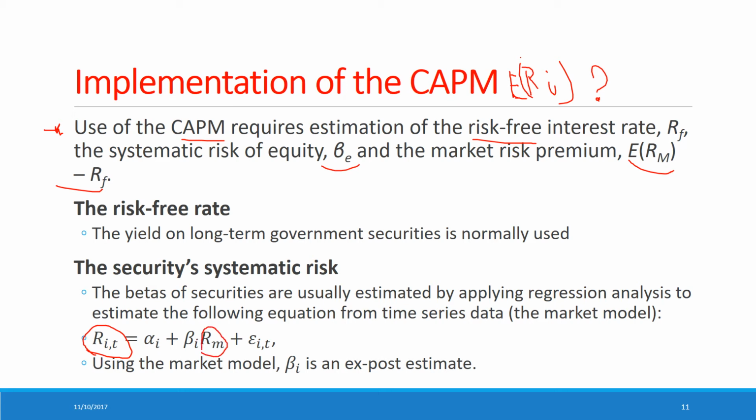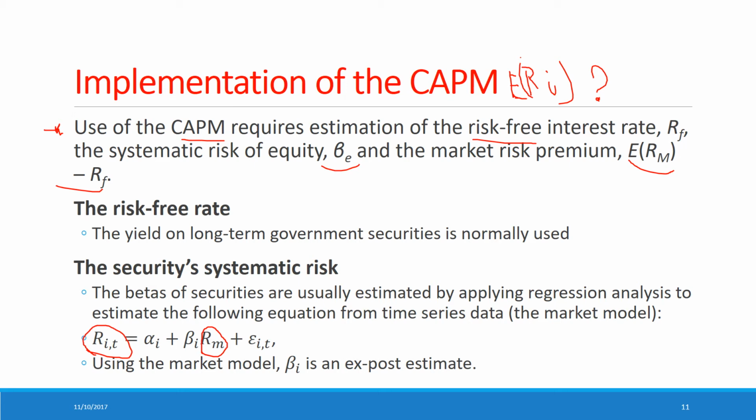We then observe, if we use 30 years as the time horizon, as the estimation window, the daily returns of a market portfolio. So if we choose the ASX 200, S&P 200 as our market portfolio, then we observe in the past 30 years the daily returns of the S&P 200 index.